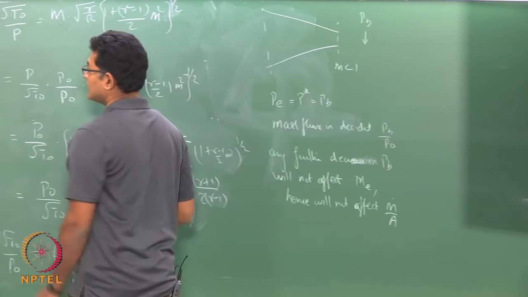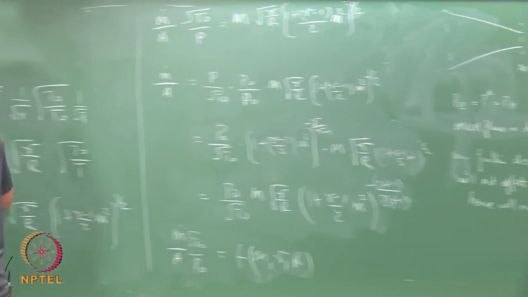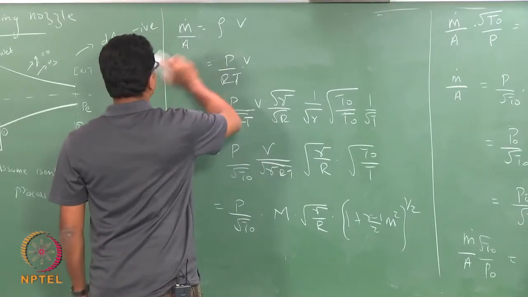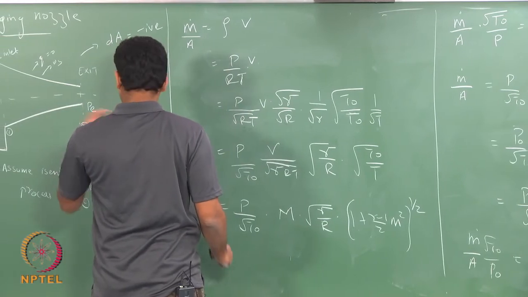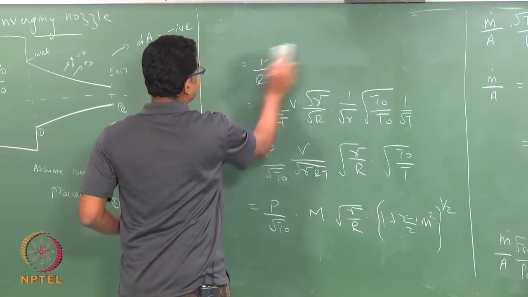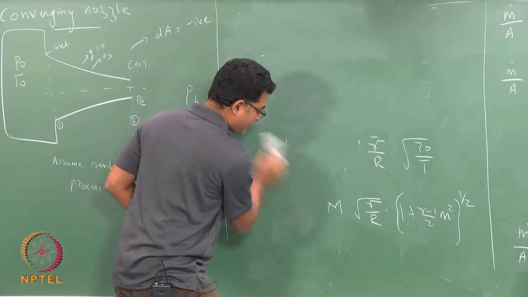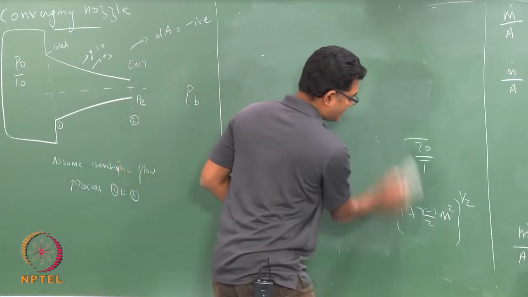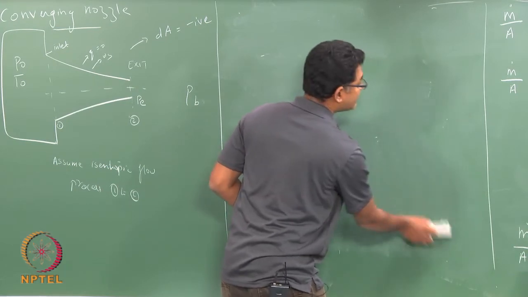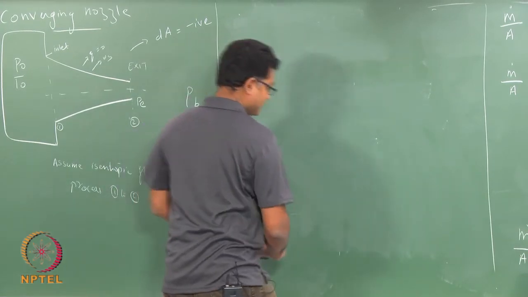So that's what typically happens when you have a converging nozzle with decreasing PB. And remember, this is an isentropic solution that we are doing, and the stagnation temperature and pressure are kept constant during this exercise.